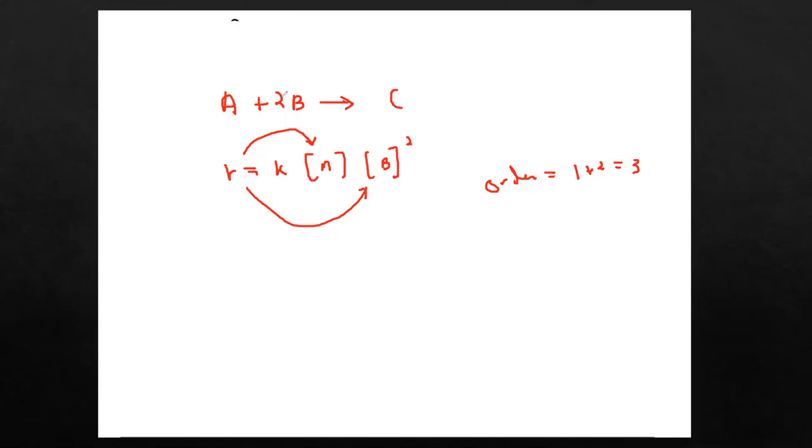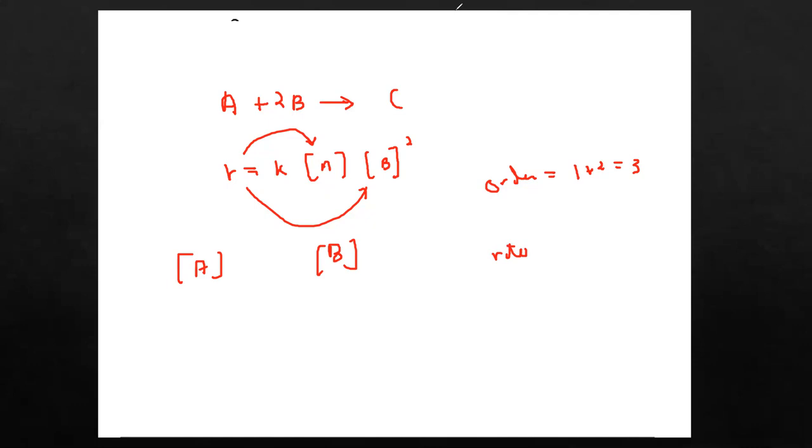The actual order of a reaction you can find by the initial rate method. What does the initial rate method mean? You can find it experimentally. So a simple concept of the initial rate method: in the beginning we have A and B, and then we calculate the rate, or the speed of the reaction. There are different techniques to calculate rate.